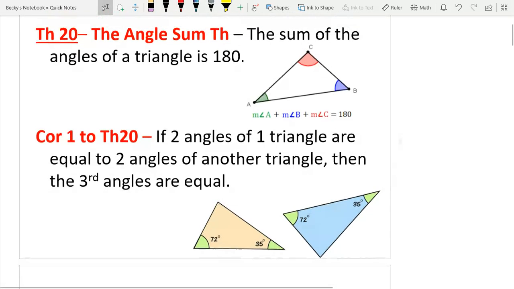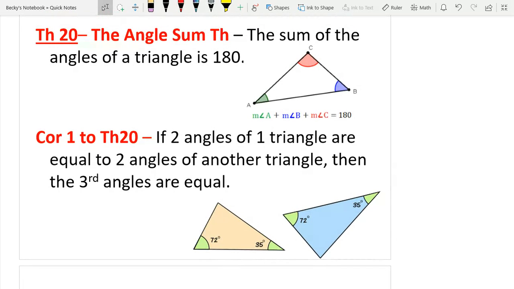Okay, so I'm guessing, but I think the reason he brings it up again is so we can have some corollaries, which are added thoughts to this theorem. So we have corollary 1 to theorem 20.